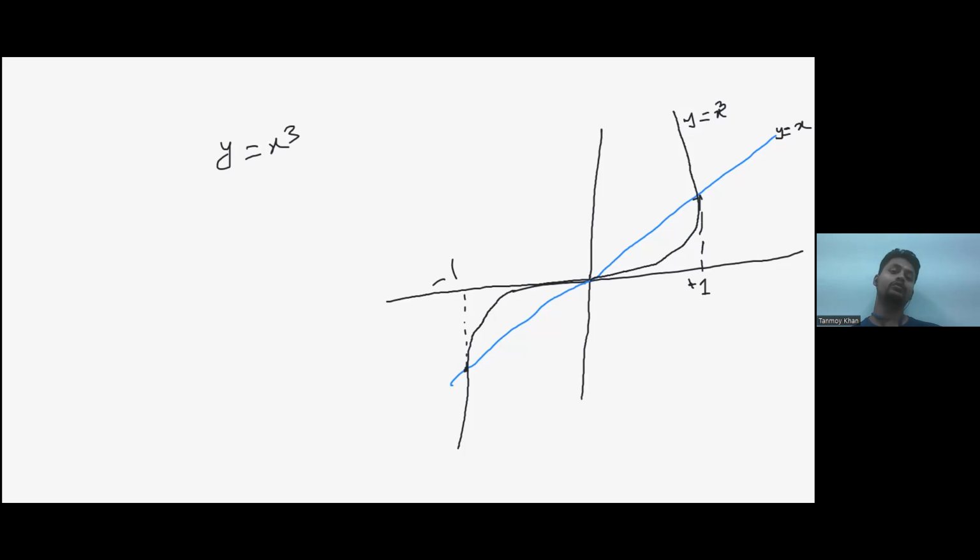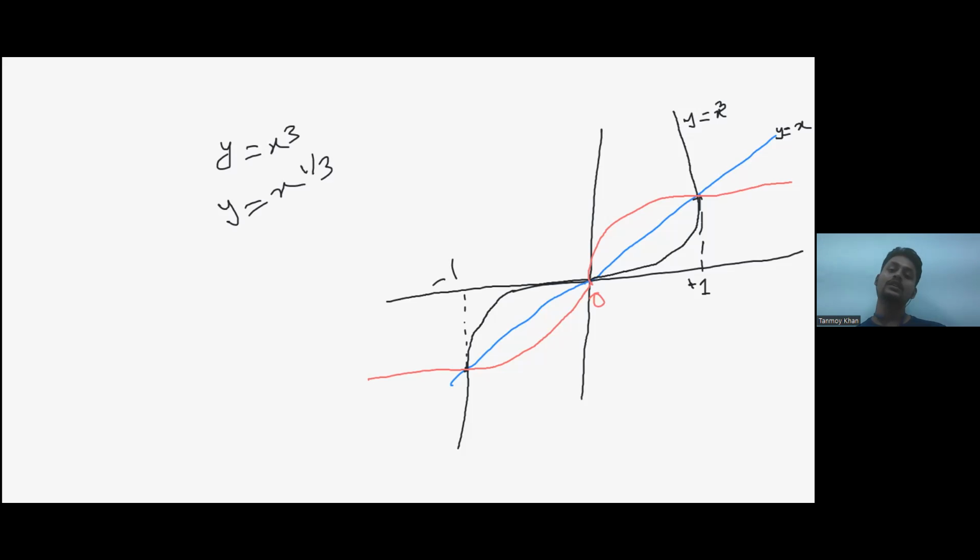Now you need to draw y equals x to the power one third. We know from the 0 to 1 range, x to the power any fraction will be higher than the number itself, so it will be like this. And in that region, it will be lesser. Similarly, in this region, like this. So this is just taking the reflection.